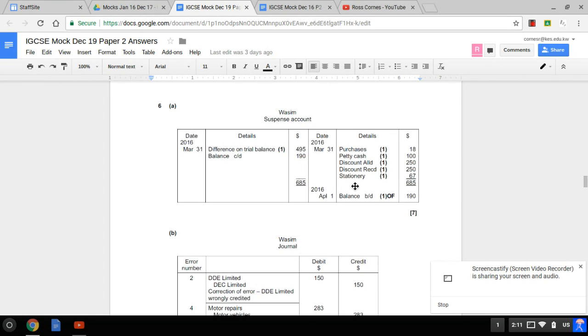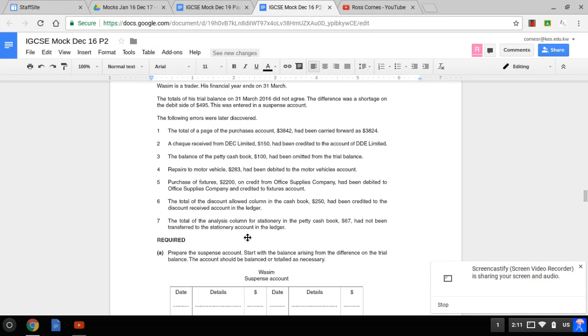And then I'm going to cheat here and look at the other entries, the 67 on the credit side. So what was that for? The total analysis columns for the stationery in the petty cash book of $67 has not been transferred to the stationery account. Thinking back to what we did on the very first question on paper two, it's the totals and they would have got debited to the stationery account.